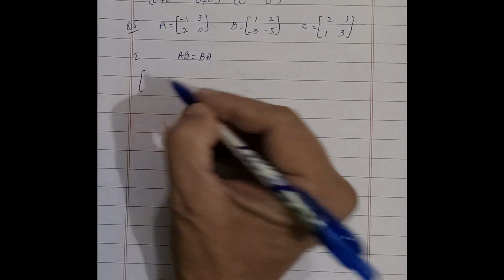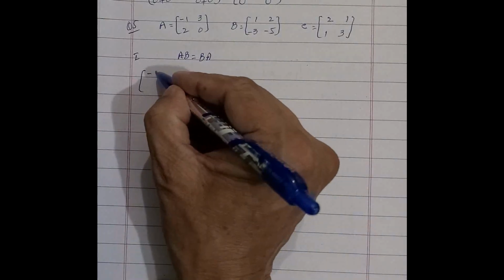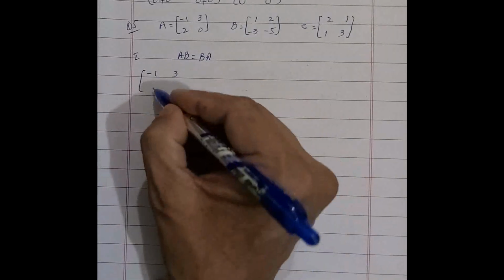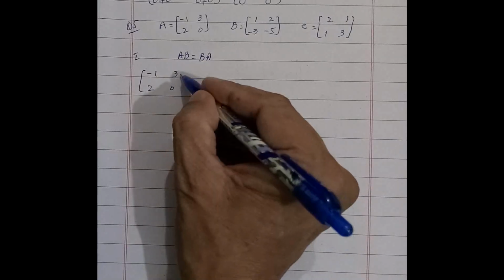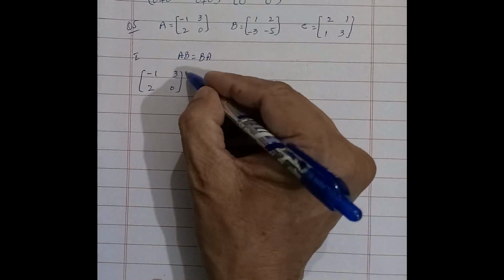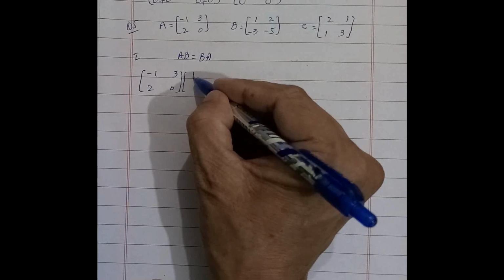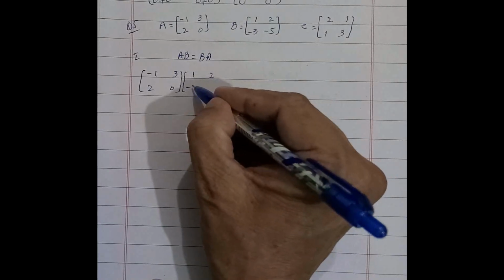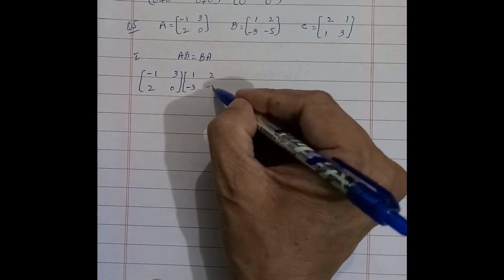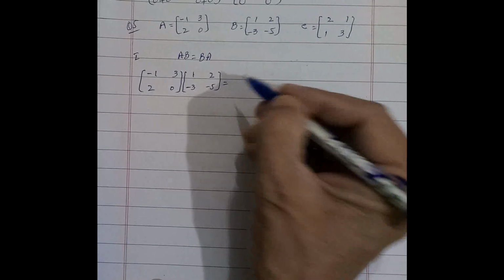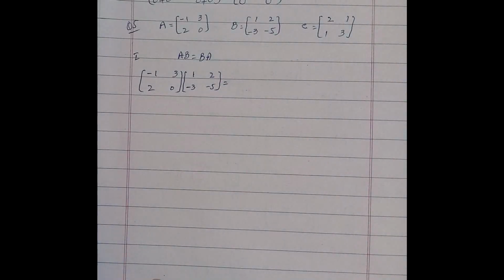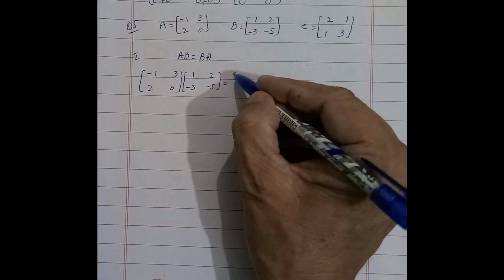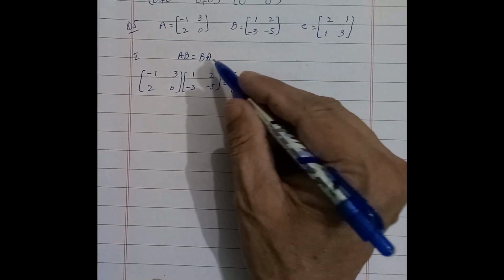The first is A, which is -1 3 2 0, and the B matrix is 1 2 -3 -5 is equal to, on the right side, matrix BA.